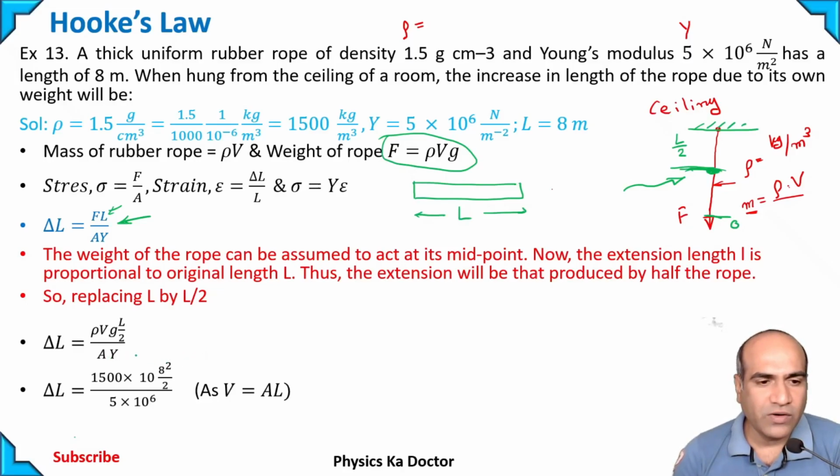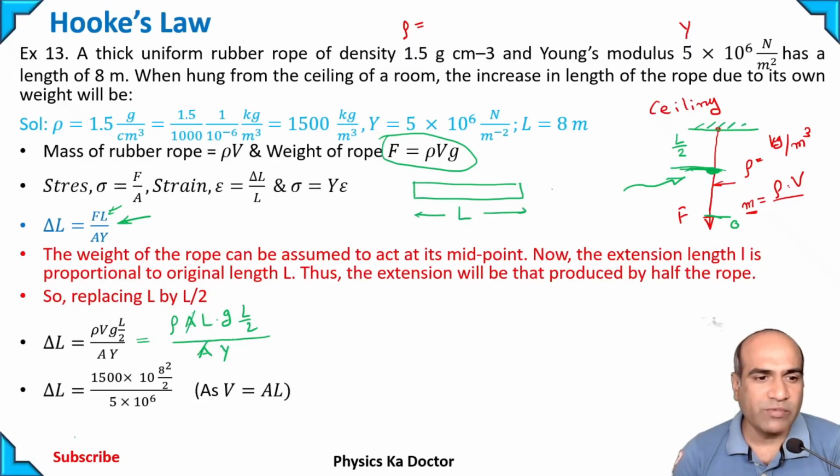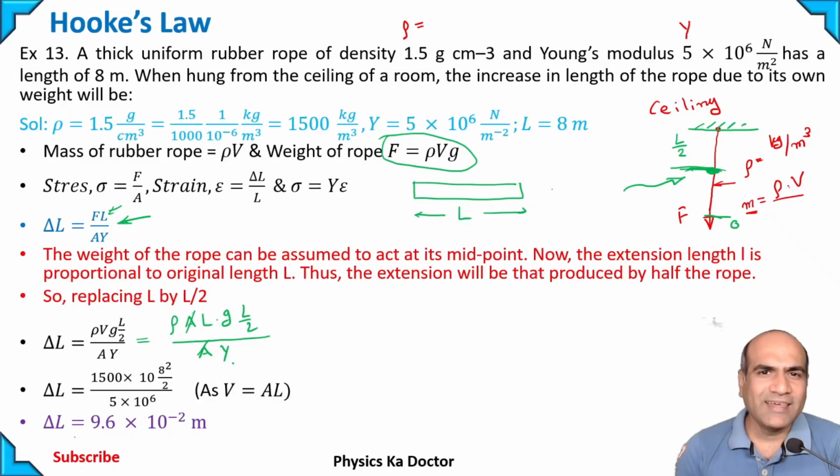We can have all the conversions because volume is equal to area multiplied by L. So we have rho multiplied by A L g, L by 2, divided by A. A will be cancelled, and L square will be there. So rho L g L by 2, and therefore the final solution is 9.6 times 10 power minus 2 meter. Very simple example, isn't it?